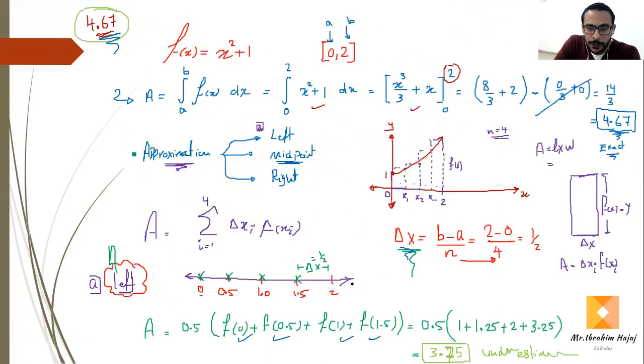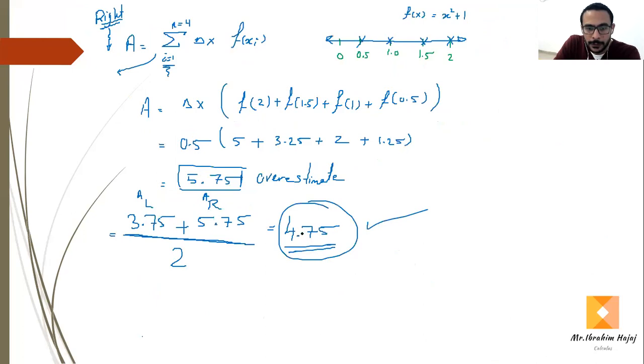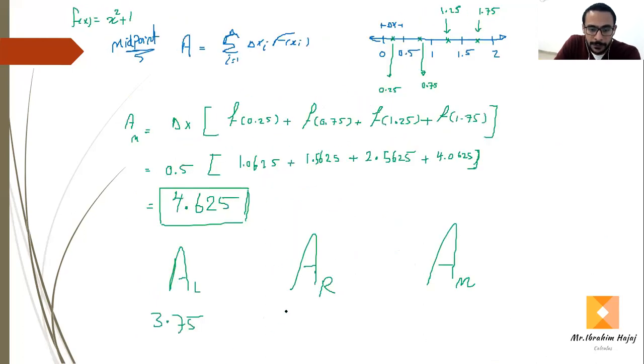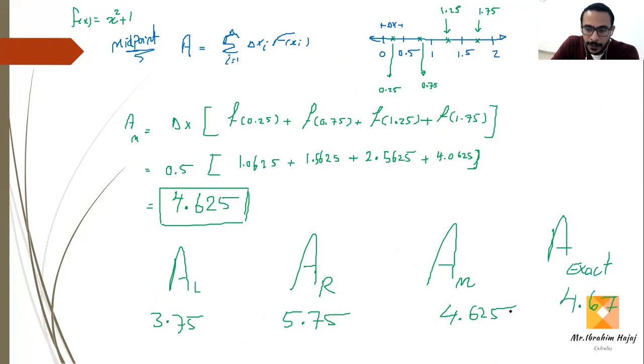And for the right one, the right is 5.75, and the midpoint is 4.625, and the exact one is 4.67. So which one is the most accurate one?